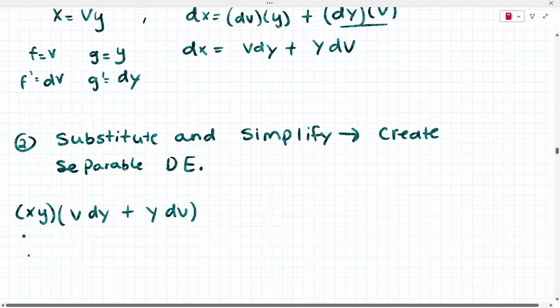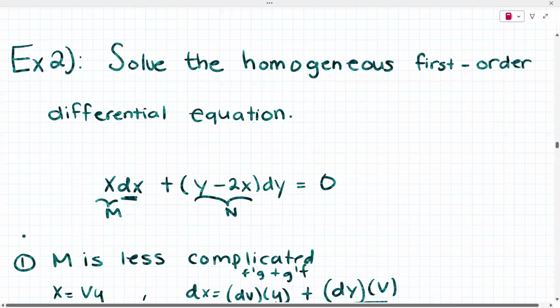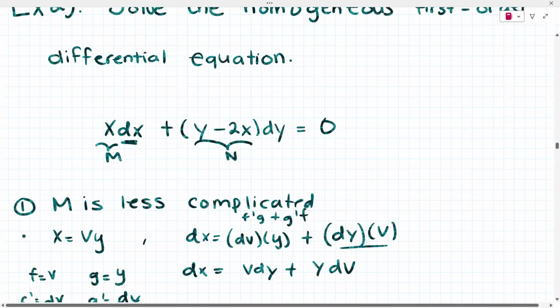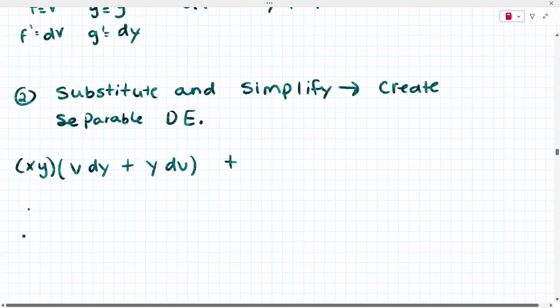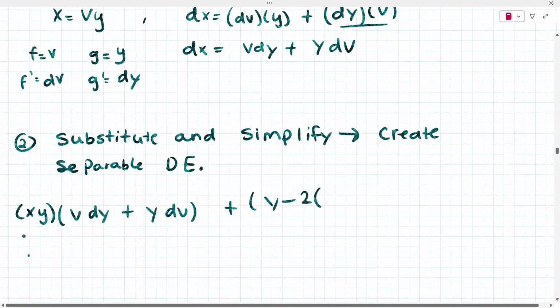Okay. What's next? Plus, I think we just leave this as it is. So it's going to be y minus 2 times, actually just replace x with vy, dy.